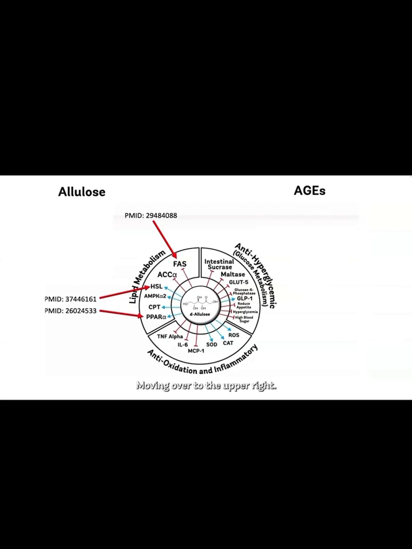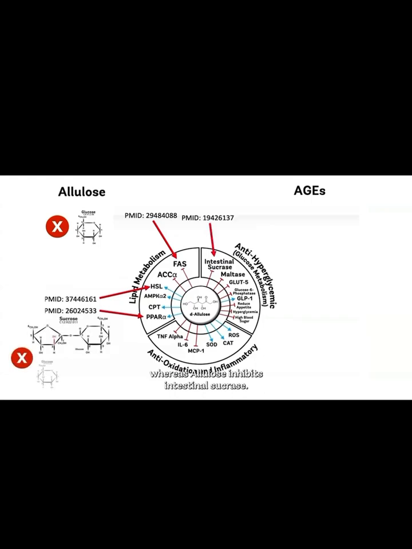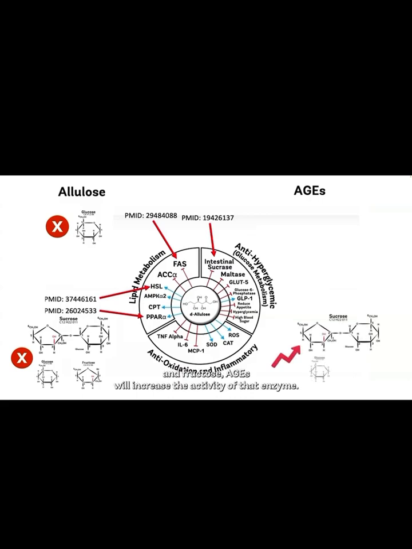Moving over to the upper right, let's talk about the sugar or hyperglycemia control story. We know that allulose inhibits glucose synthesis, elaboration, and uptake, whereas allulose inhibits intestinal sucrase, that's the enzyme that breaks sucrose into glucose and fructose. AGEs will increase the activity of that enzyme.